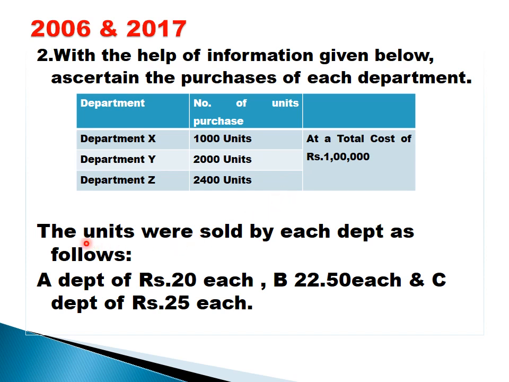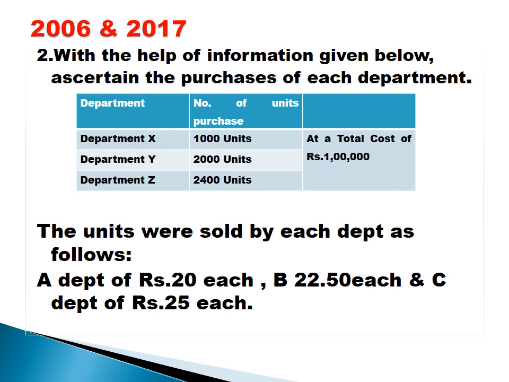So we need to find the cost of department X, cost of department Y, cost of department Z. The units were sold by each department as follows. Department A sold at 20 rupees each, department B sold at 22 rupees 50 paise each, and department C sold at 25 each. So students, apply the same technique we did in the first problem.